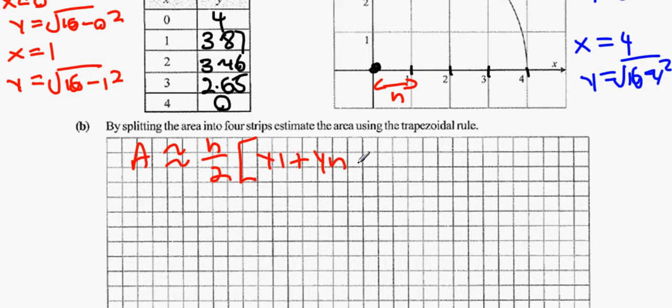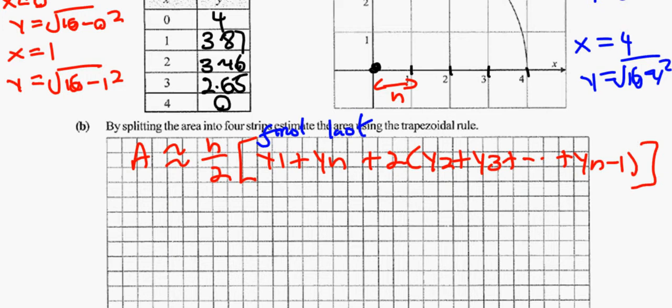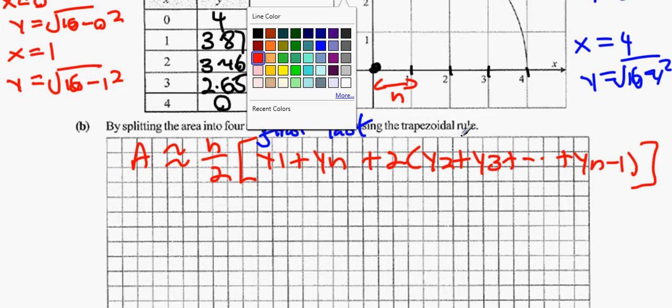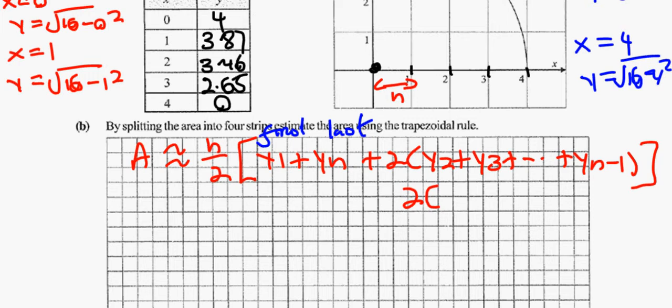So y1 means the first, yn means the last, and then plus 2 times y2 plus y3 plus dot dot dot plus yn minus 1, which means 2 times the remaining numbers.